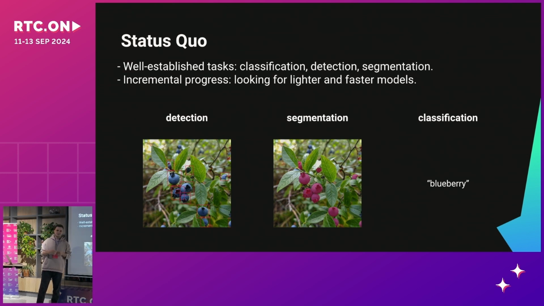Probably some of you remember things like that from university. Most of the efforts in the space were related to optimizing those models, making them smaller, making them faster, running on smaller devices with less compute power, and that's pretty much it. So it was not that interesting.